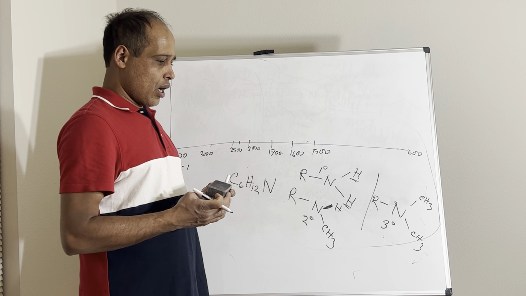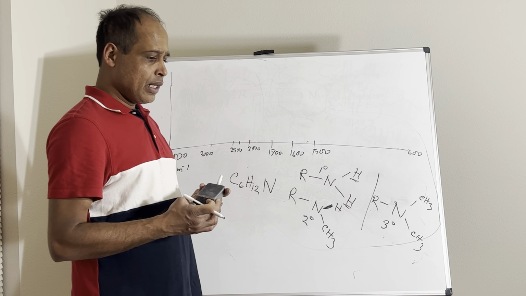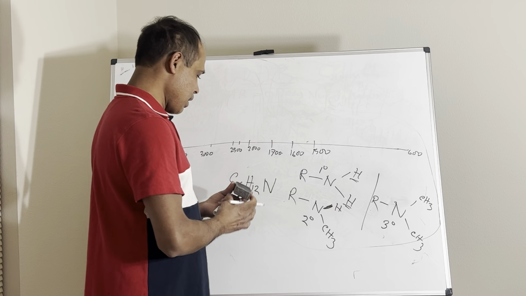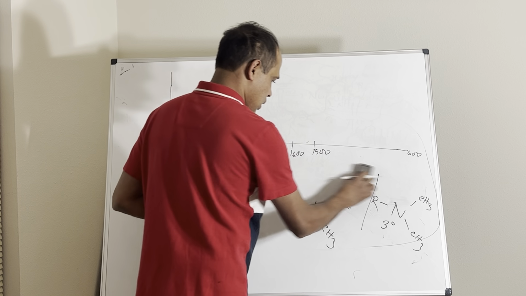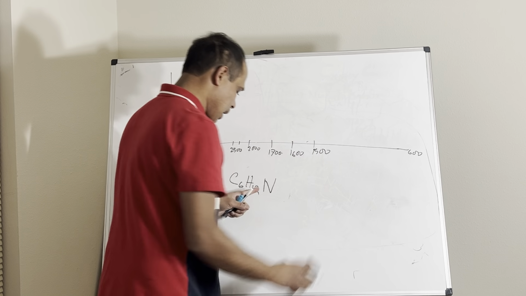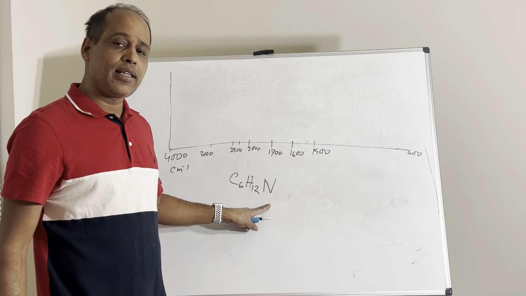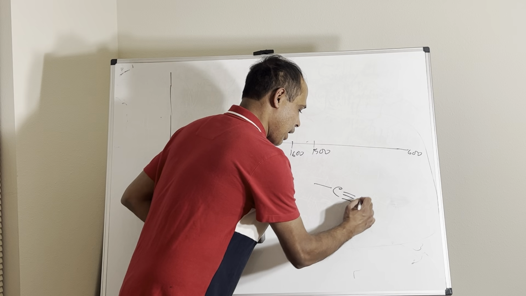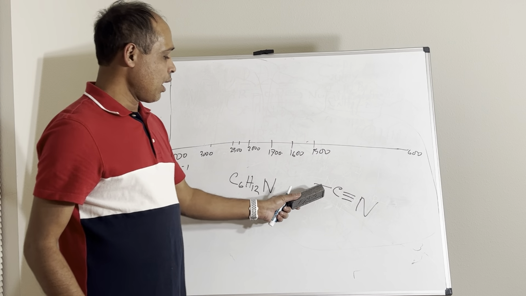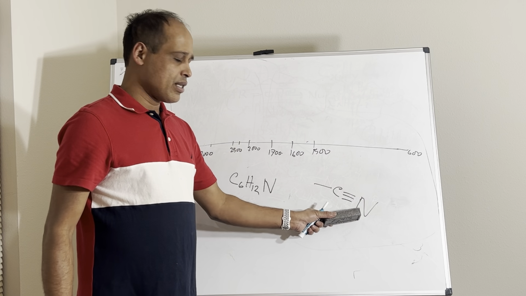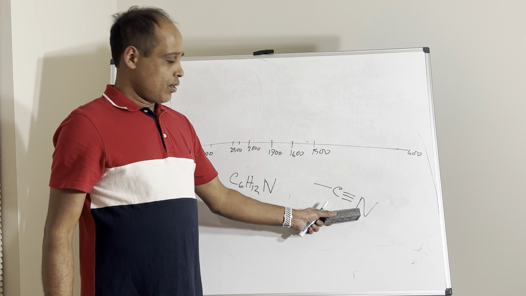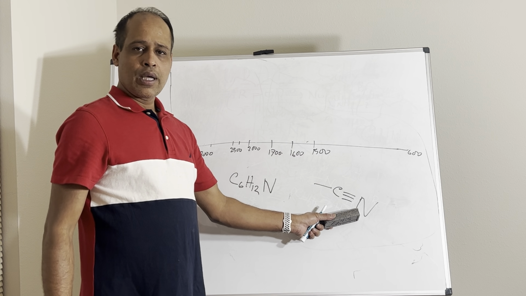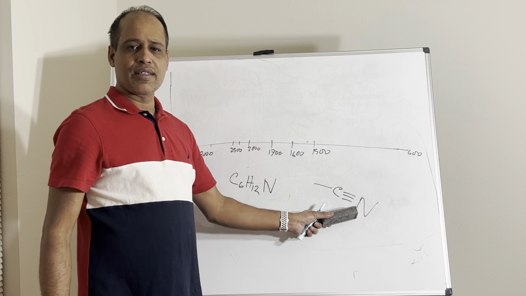Okay, now since I was talking about nitrogen, there is another option for nitrogen, that is the nitrile group, C triple bond N. If you have a nitrile, this nitrogen has no hydrogen with it. So we cannot say it is a tertiary amine, it is a nitrile group.